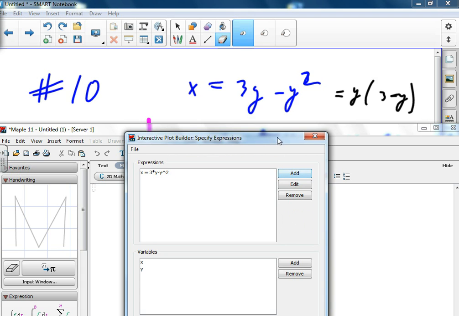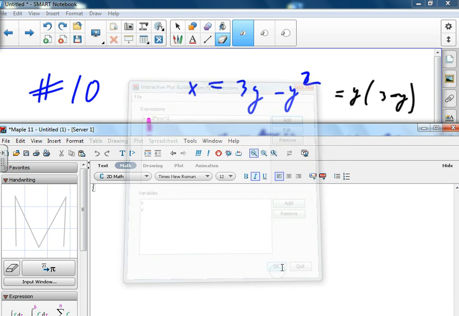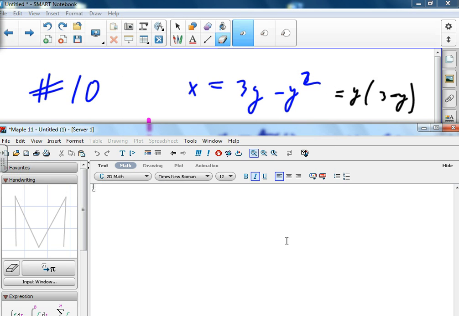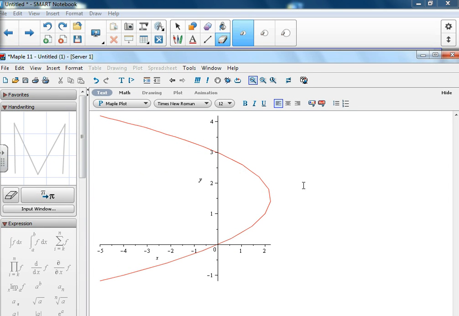All right, so there's my variables, x and y. The x range, plus or minus 5, should be okay. The y range, plus or minus 5, should be okay. All right, so that's what I thought. So that's what I have. But I still need to know what this point is.